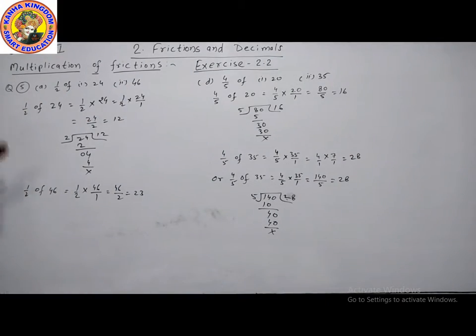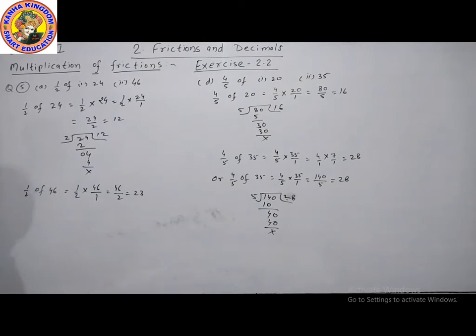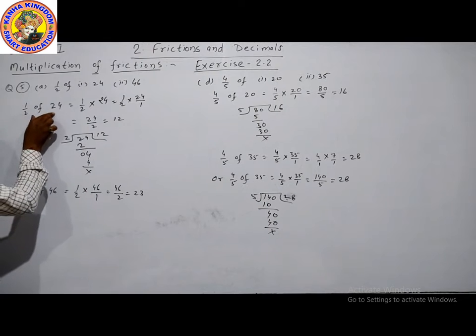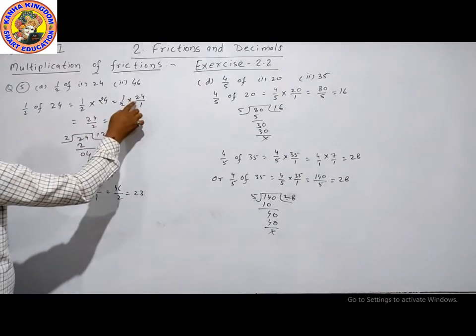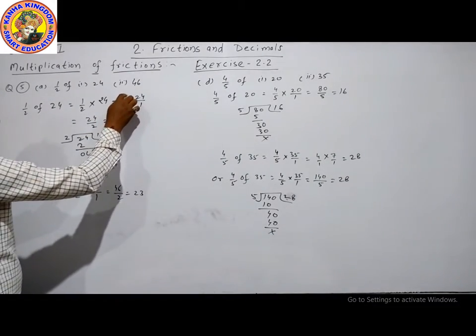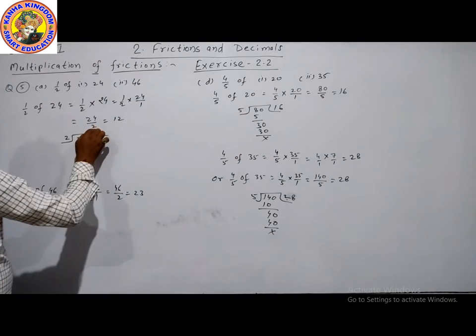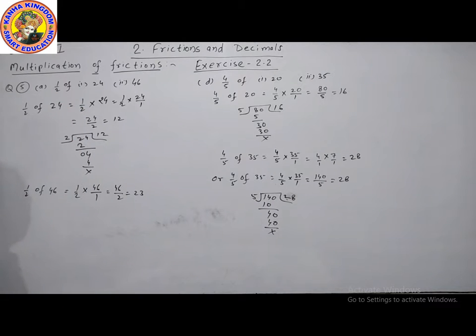So students, let's go from the beginning. Find half of 24 and half of 46. There are two questions. First question is half of 24. "Of" will be replaced by multiply. 24 converted into a fraction. 1 into 24, 24. 2 into 1, 2. 2 will divide 24 by 12 times.